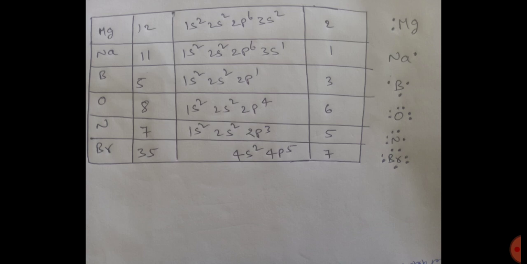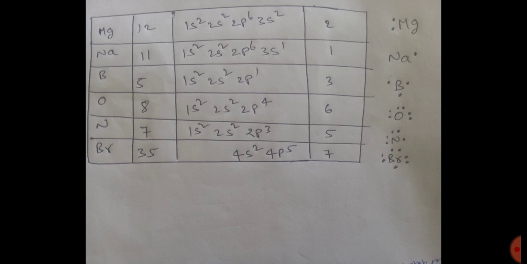Valency is nothing but the electrons present in the outermost shell. The outermost shell is 3s2, which has only 2 electrons. So the valency of magnesium is 2. These 2 electrons are placed on the side of the magnesium symbol. So this is the Lewis dot symbol of magnesium.